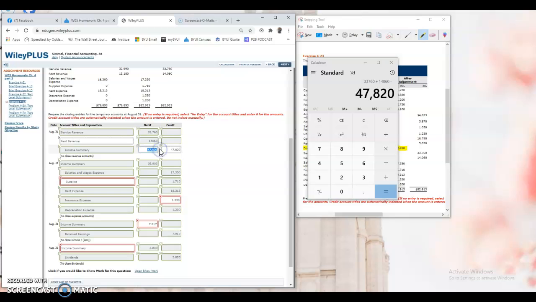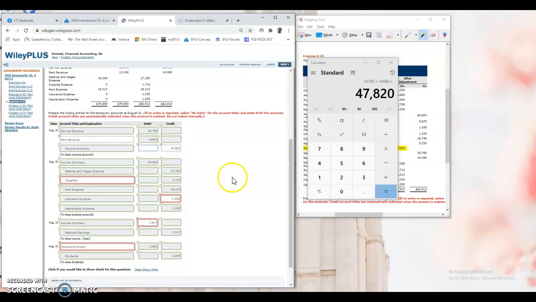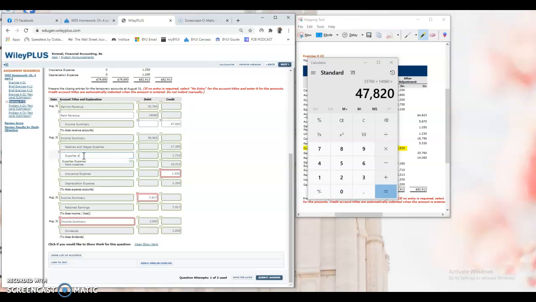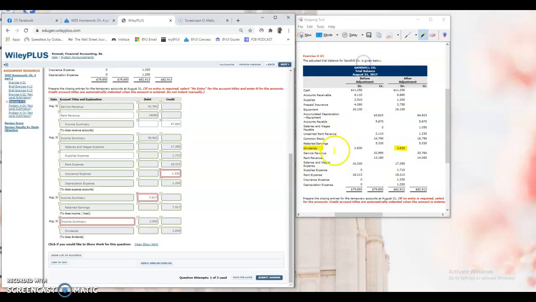Sorry, sometimes it happens. That's why it's really good to double check before we submit. Oh, okay, there's no expense here. So it should be supplies expense. And then let's see here.